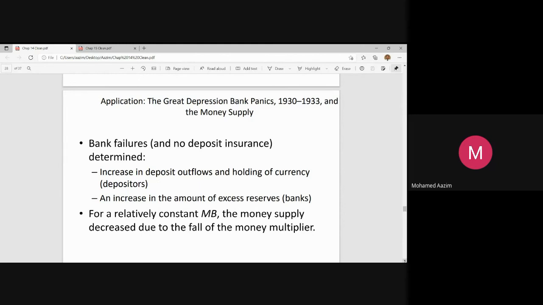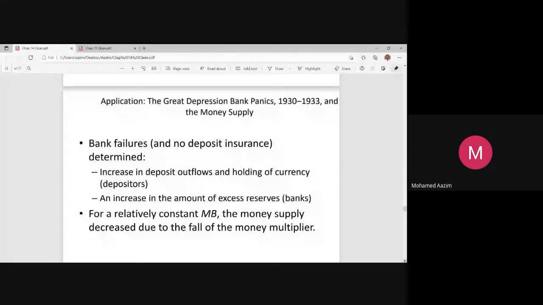Then from a bank's perspective, they also started keeping more in excess reserve form over and above required reserves. That means small e increased, because banks were expecting people would come to withdraw. Whatever amounts they kept in excess reserves would be available when people come.